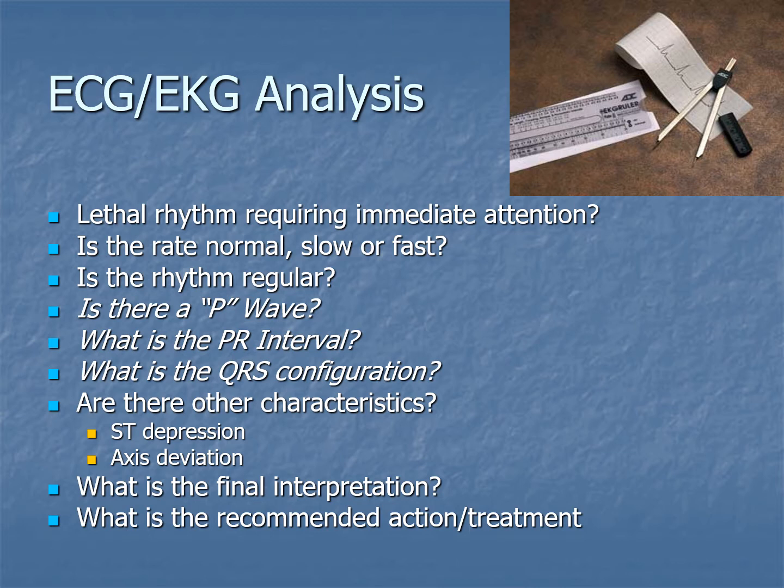What is the PR interval? What does the QRS look like? Is it widened in some way? Is it narrow? Are there other characteristics such as ST depression, axis deviation, or some other abnormality? What is the final interpretation? And probably most importantly, what's the recommended action or treatment?